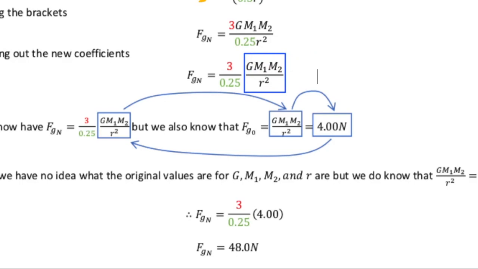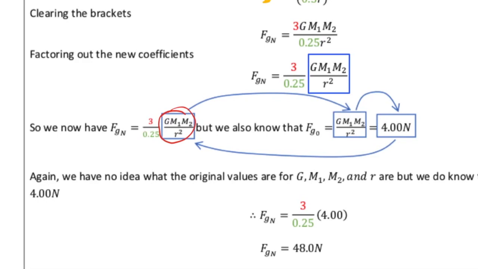That's what I've argued down here. So I can replace G M1 M2 over R squared with 4, and boom, 3 over 0.25 times 4, there's our answer, 48 newtons.